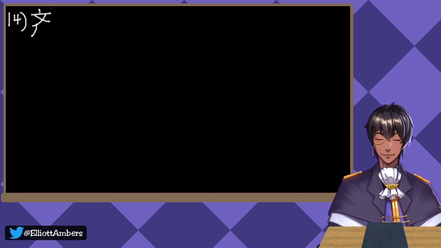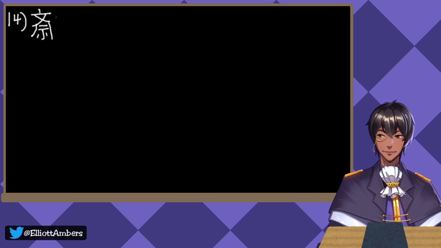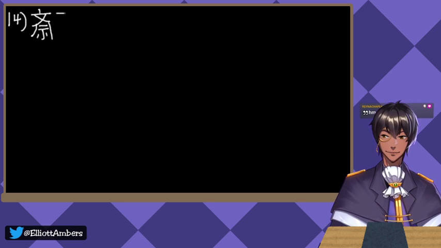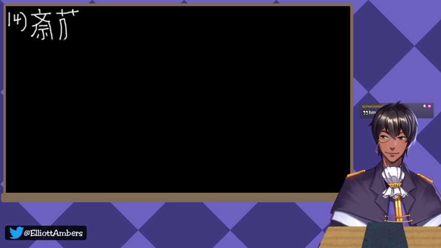The 14th most popular name in Japan, to start this off, is... Let me draw this out here. Oh, my stroke order is wrong. I'm going to get reprimanded. There we go. It looks like this. Sai, and then it looks like this.